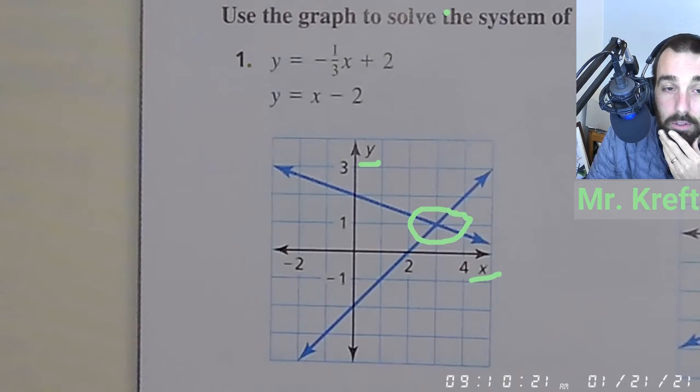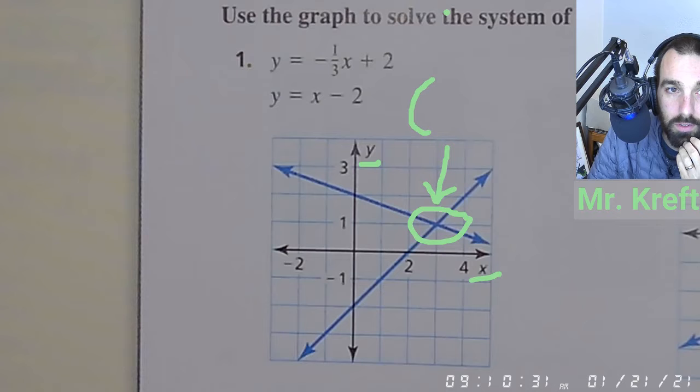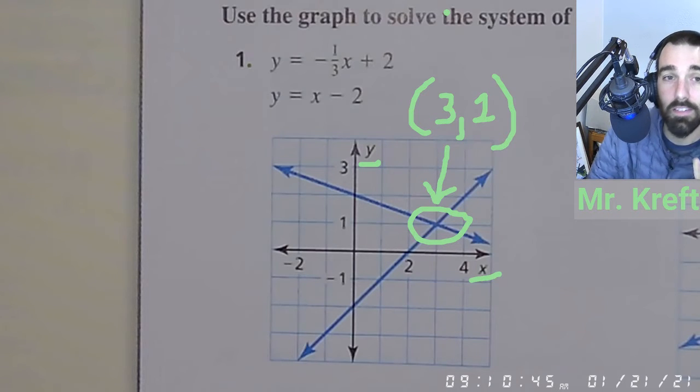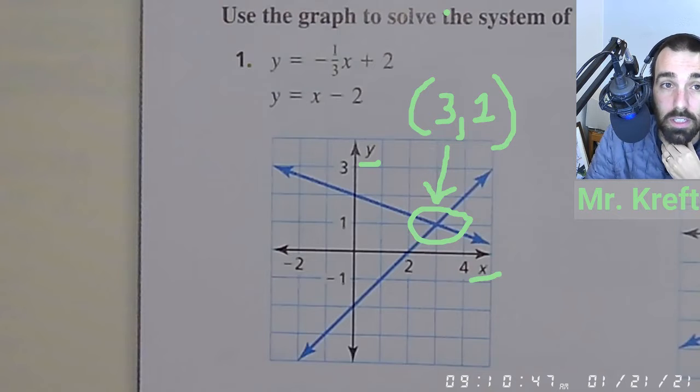So I'm going to go to the right, 1, 2, 3, and then up. So my answer, I'd write parentheses, and then this is 3 to the right, and it is 1 up. Okay, so that's an example of how to solve a system graphically.